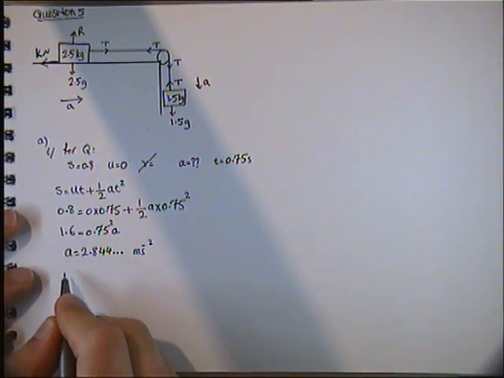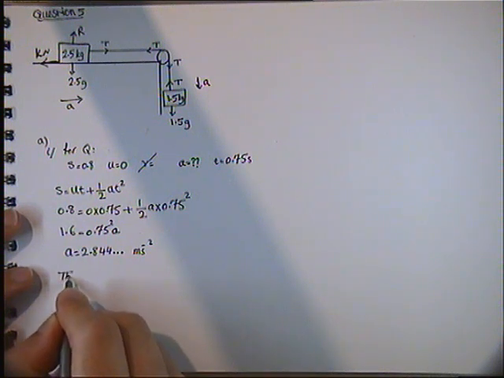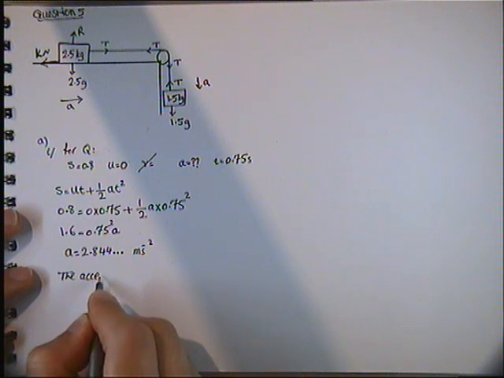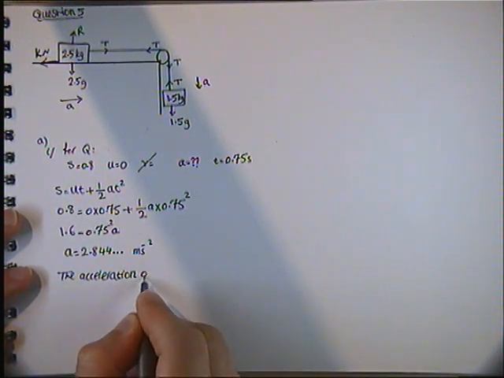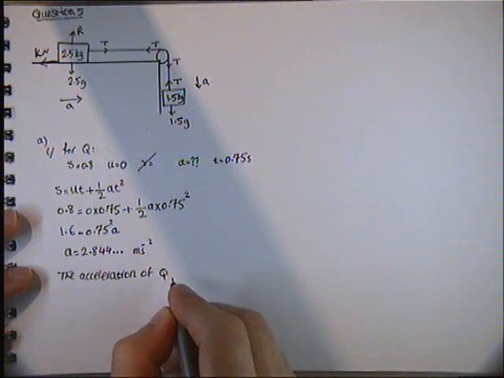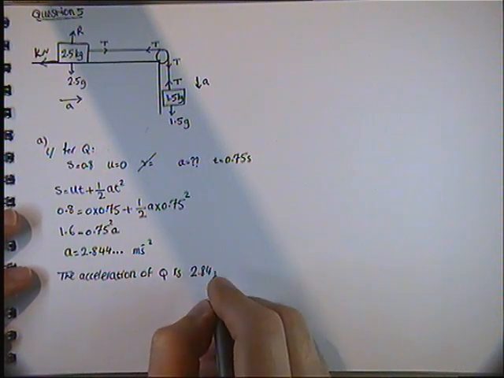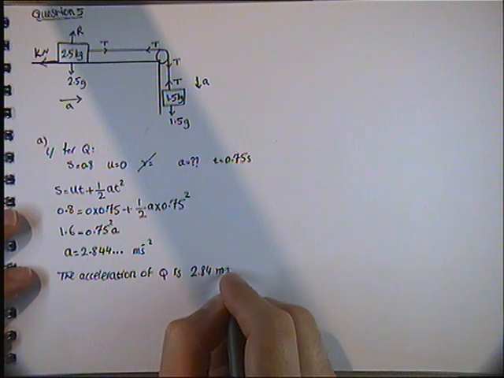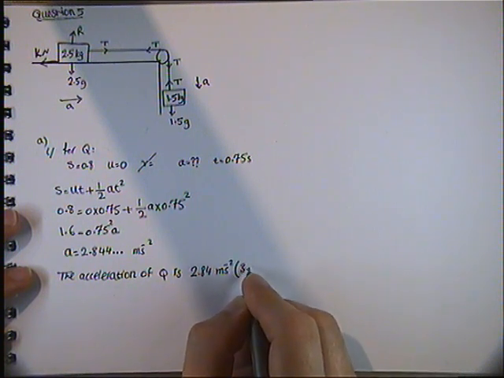So therefore, the acceleration of Q is 2.84 meter per second squared, to three significant figures.